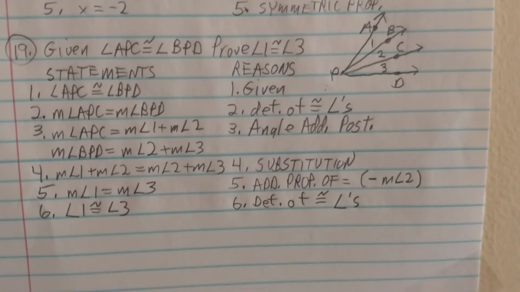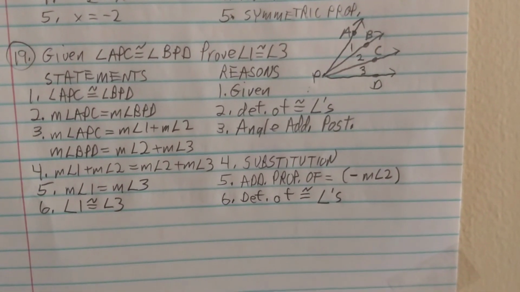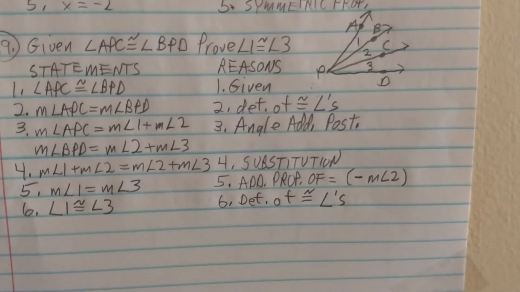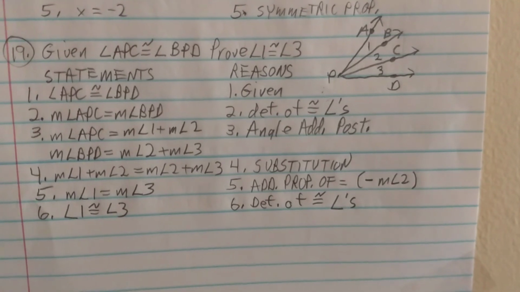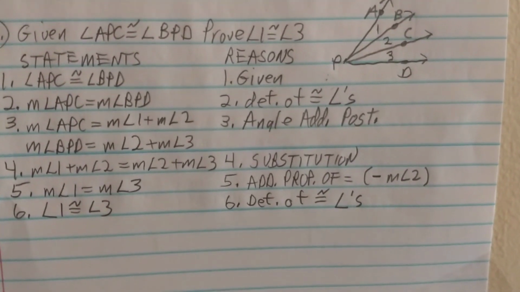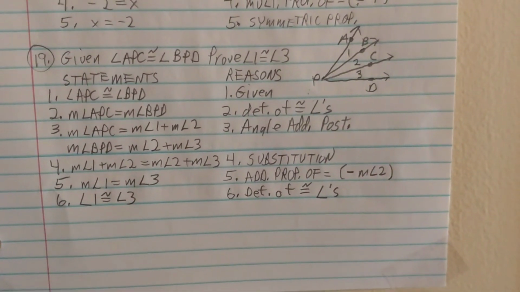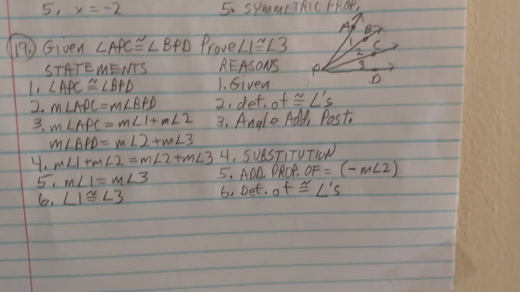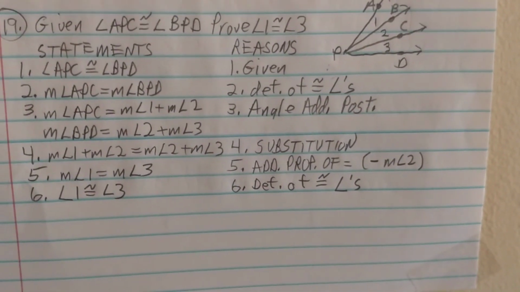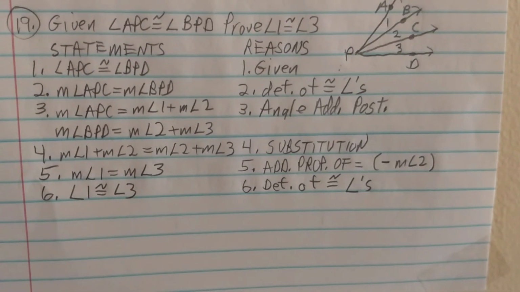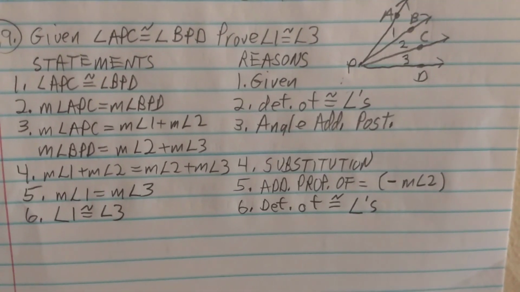Measure of APC is equal to measure 1 plus measure 2, and the measure of BPD is equal to measure 2 plus measure 3, from the angle addition postulate. Measure 1 plus measure 2 is equal to measure 2 plus measure 3, substitution from the above statement. And therefore, subtracting measure 2 from both sides, measure 1 is equal to measure 3, subtraction property of equality, and therefore angle 1 is congruent to angle 3, which we set out to prove. Definition of congruent angles. So this finishes up the test.